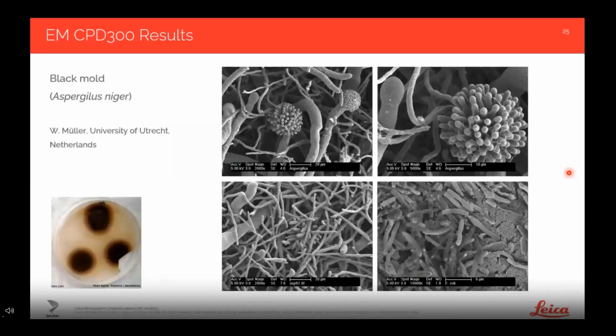Okay, an example of black mold here. These are, again, very fine structures. You can see some of these filaments are still preserved there. We don't see much deformation in these structures that I would expect if the drying was less efficient.